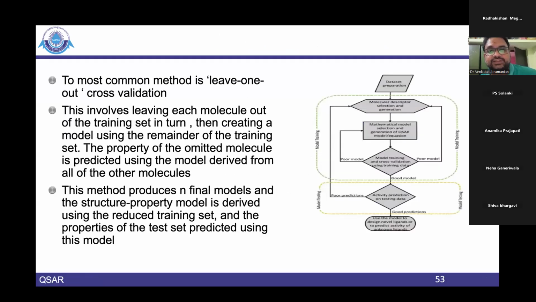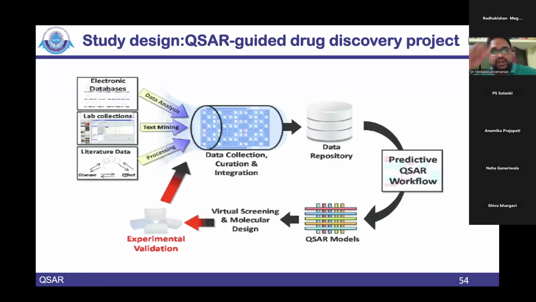This is the study design for a QSAR guided drug discovery program. Basically, we have electronic databases and lab collection.